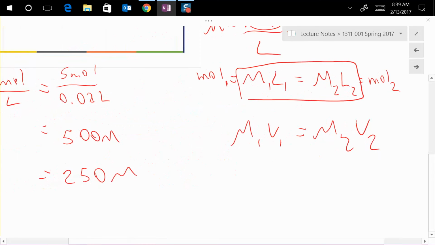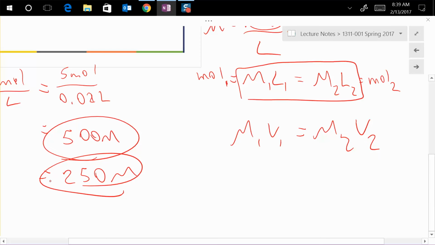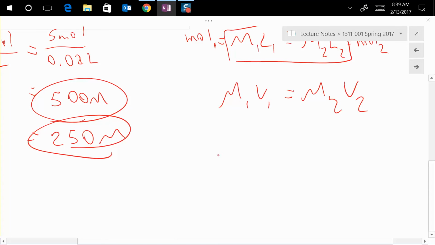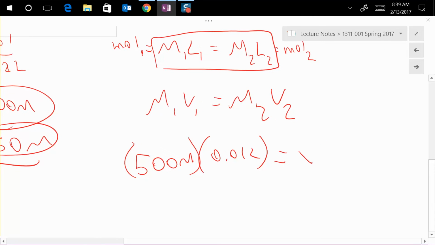Okay, so this is what we're going to come up with. If I had just started with the initial solution, with a molarity of 500 molar times a volume of, not 10 liters, but 0.01 liters, what will be the new molarity at the new volume of 0.02 liters?